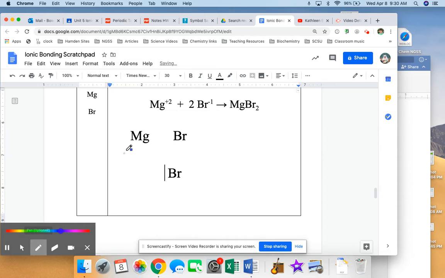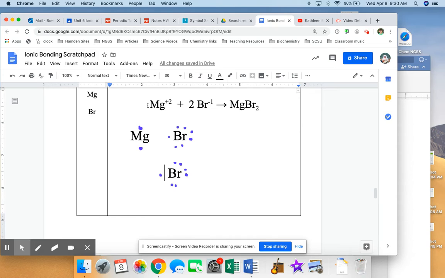Our Mg, I'm going to do this a little bit differently. Our Mg has 2 dots, and each Br has 7. 1, 2, 3, 4, 5, 6, 7. 1, 2, 3, 4, 5, 6, 7.